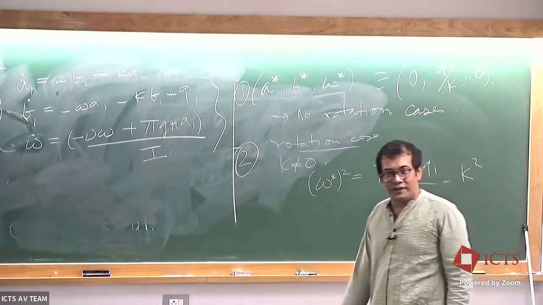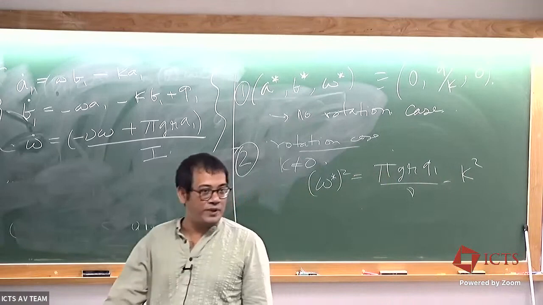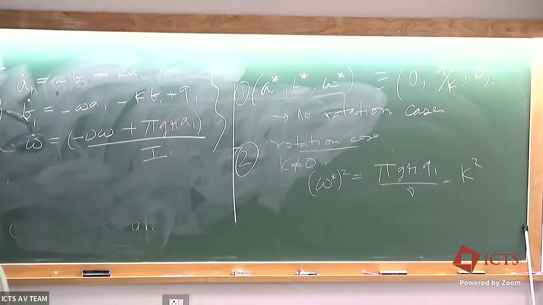So there are two fixed points. Those are the fixed points when they're not in the chaotic regime, and we'll see a little bit about how you can bifurcate from there. But then you have a rotation case where the strength of rotation is given by that formula.